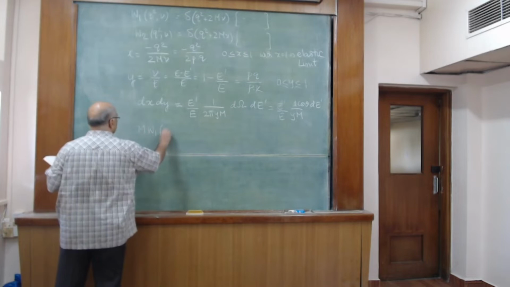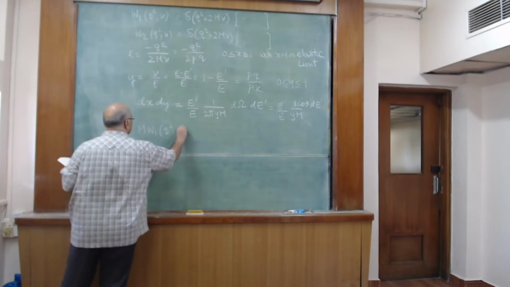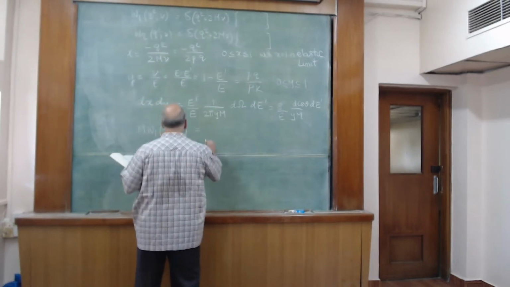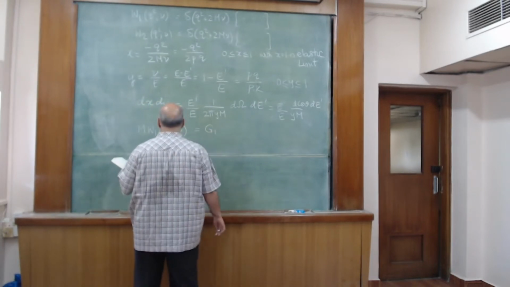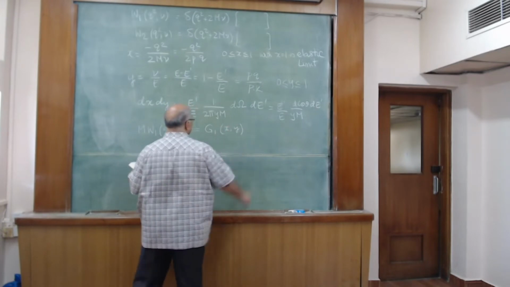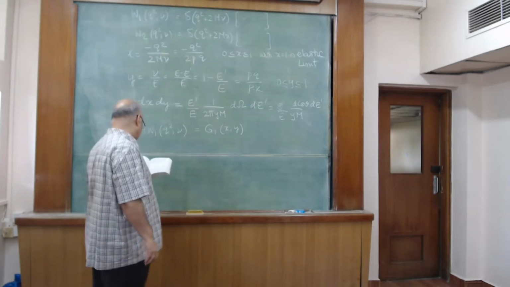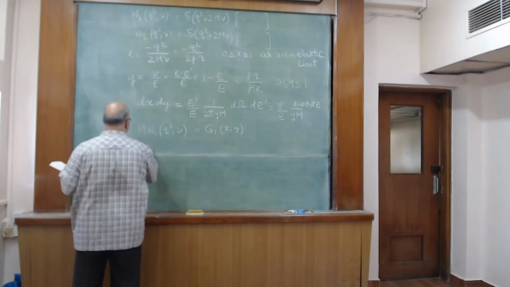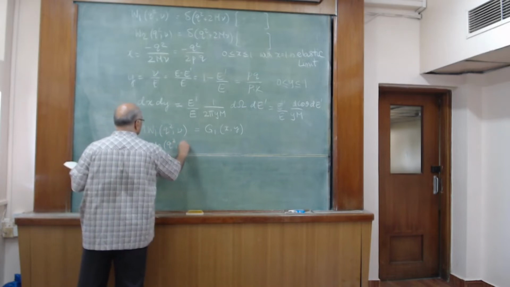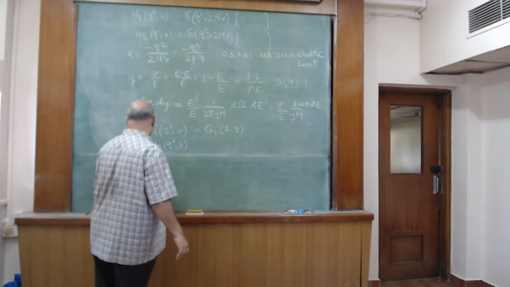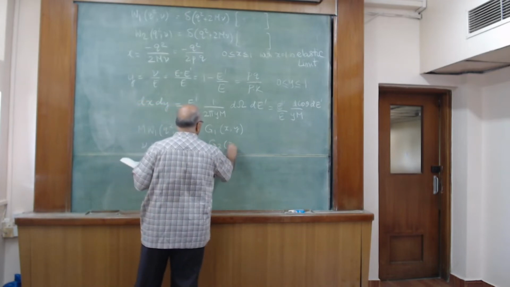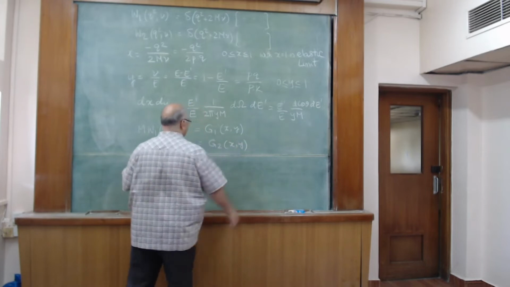M times W1 of q squared, nu is equal to g1 of x comma y, and nu times W2 of q squared, nu is equal to g2 of x comma y.